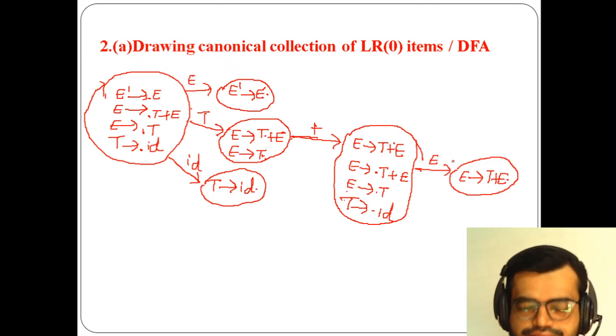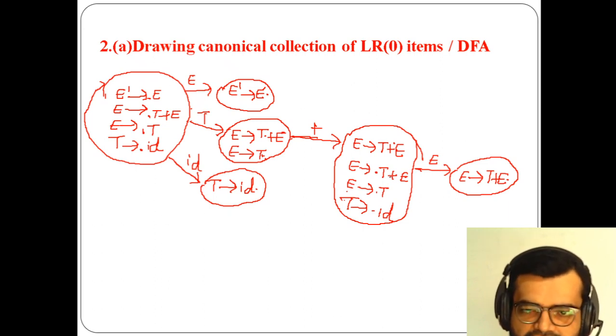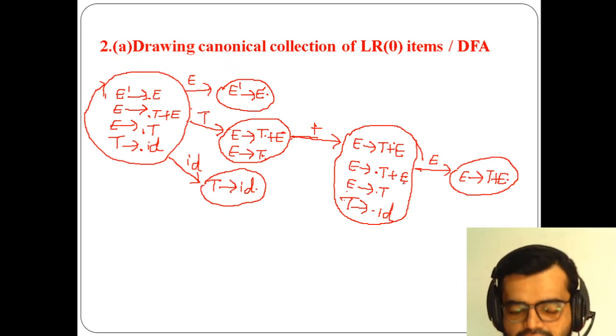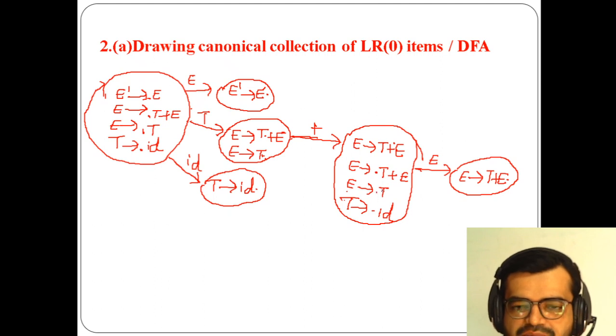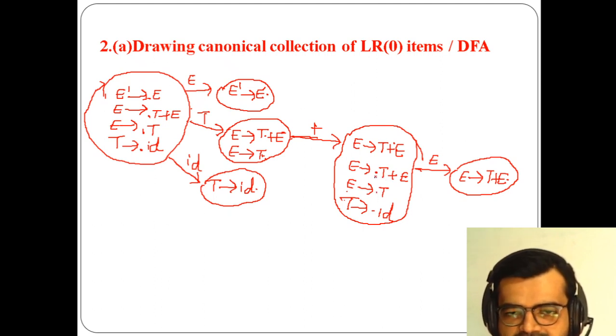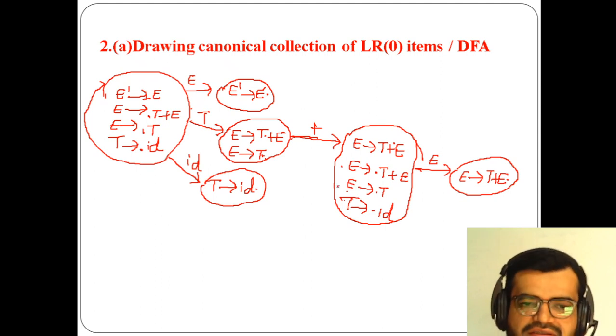And for example, if I want to read this one, if you go with this one, T dot or ID dot is there. So that means if I want to move here, if you go with the second production and third production, if the dot is moved after T, here in the third production also if the dot moves after T, that means I have to use T. So you can imagine what happens, it will reflect the same state only, right?